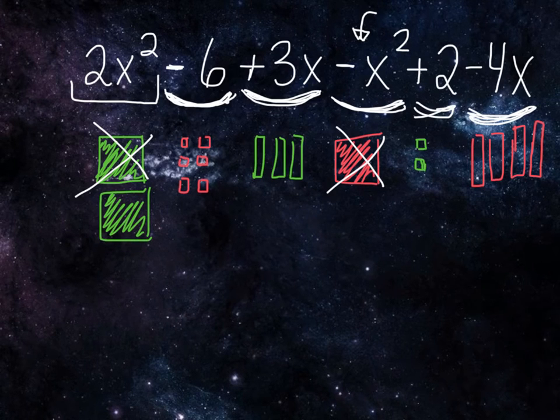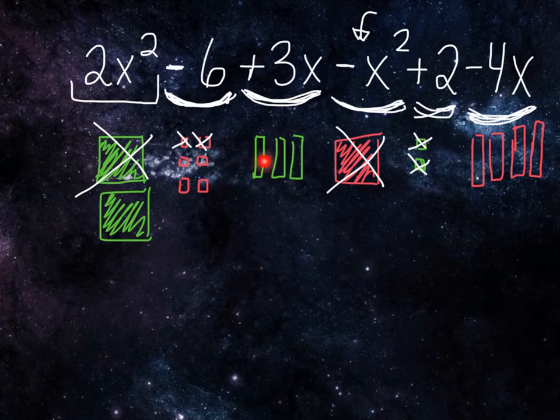Now let's look at our ones here. We've got 6 red and 2 green. So if we're canceling out opposites, we can take out the 2 greens if we also take out 2 of the reds. Now that's done. Now looking at our x terms, we've got 3 greens and 4 reds.